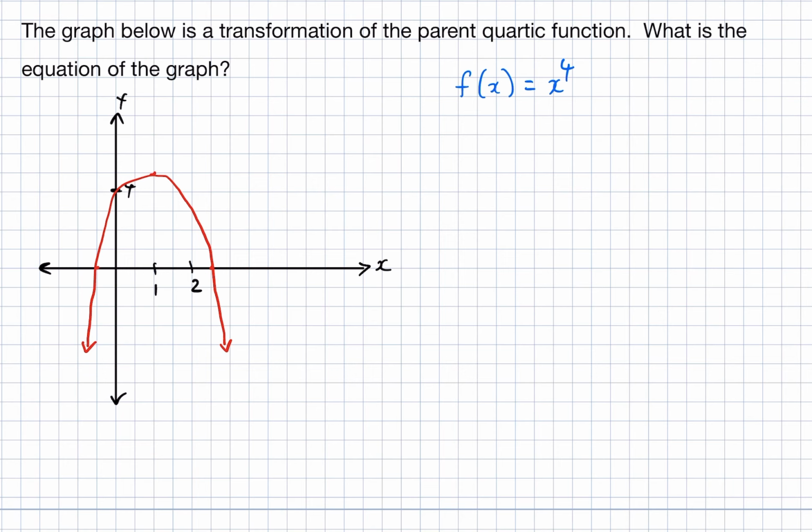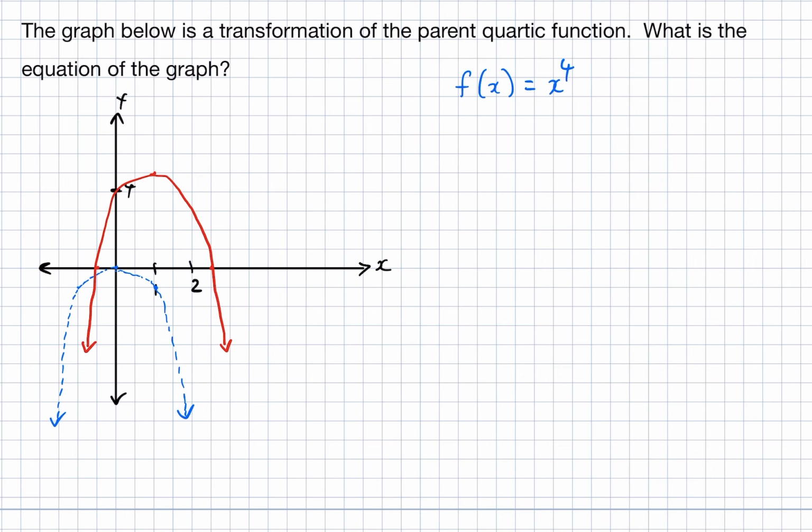So the parent function would normally be over here. I'm going to go ahead and graph this. It's going to be over here, and it's going to be a crude drawing. It looks like a parabola, but it's kind of stretched out from side to side.